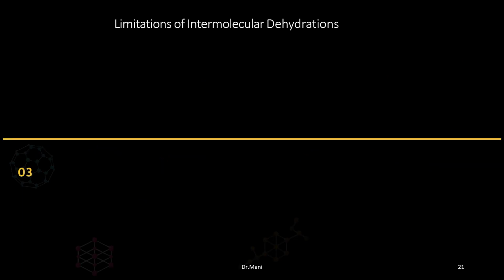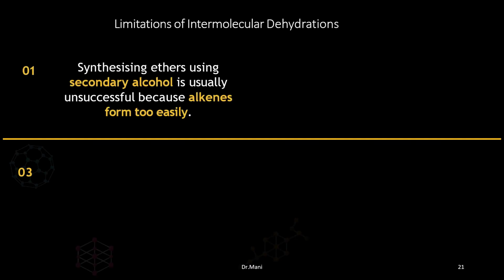But there are some limitations for this dehydration method. First one, synthesizing ethers using the secondary alcohol is unsuccessful, because if you are using the secondary alcohol, there is more chance for alkenes to form, because the formation of the alkenes is too easy.